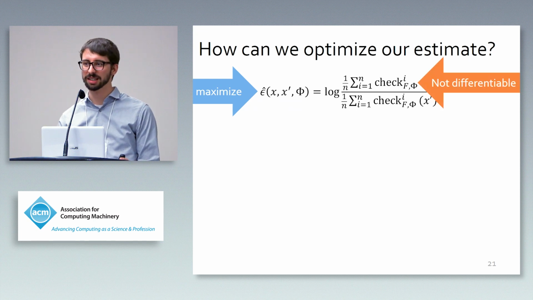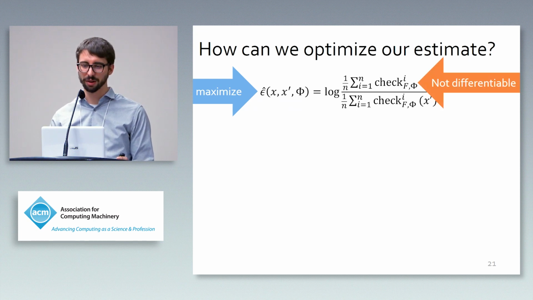So you can see here that the check function that I show here is not differentiable. This is because already the original algorithm is typically not differentiable because it does control flow, if then else, stuff like this. And also the attacker's check itself usually does some kind of comparison. So this is in general not differentiable.